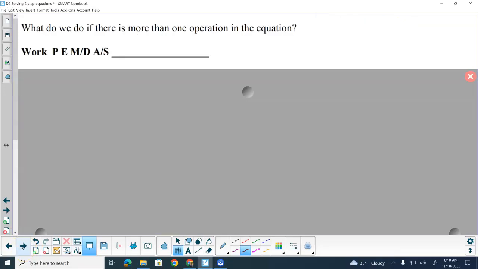All right. So now here's some new notes, okay? So when we're solving equations, and even the more advanced we go, but even right now in the basic ones, we're going to work our PEMDAS, our order of operations, backwards.